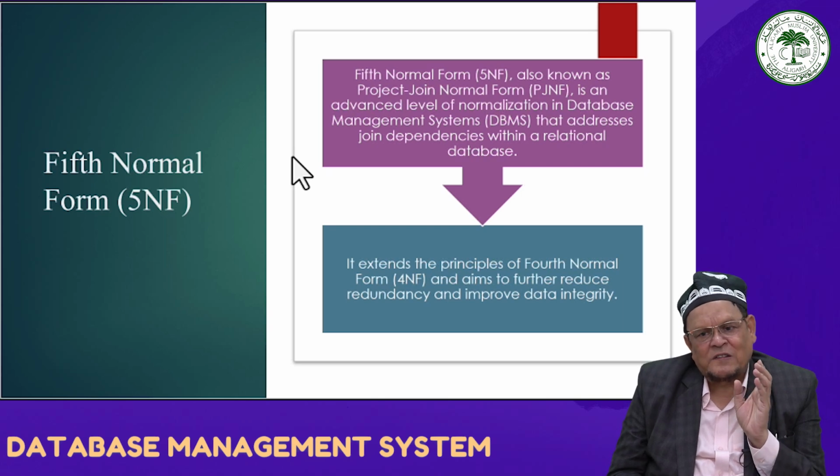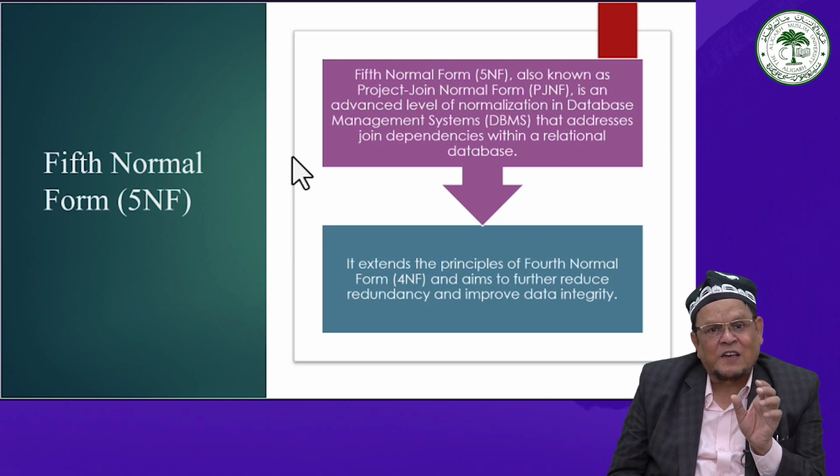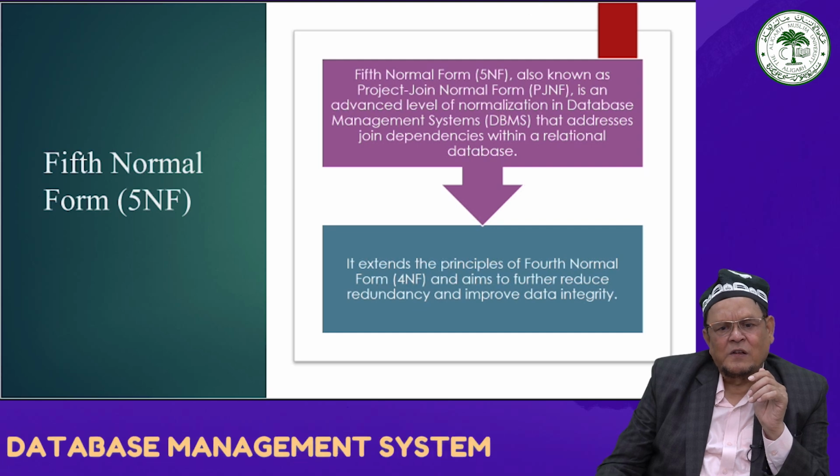It extends the principles of fourth normal form and aims to further reduce redundancy and improve data integrity. In 5NF, a table must meet the following criteria. The main aim of normalization is to reduce redundancy and improve data integrity. So there are some criteria in the fifth normal form.